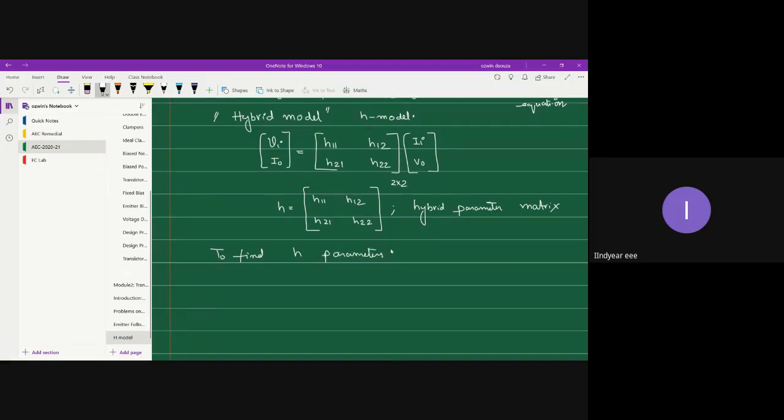Let us apply the two extreme cases in electricity, that is open circuit and short circuit. First, we will short circuit the output port. Set V naught equal to 0. That means short circuit the output port.